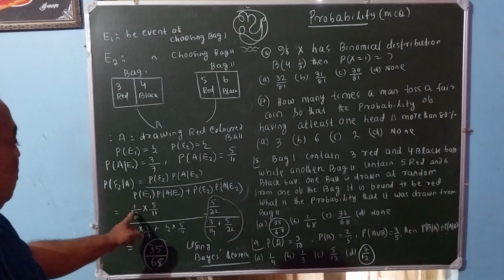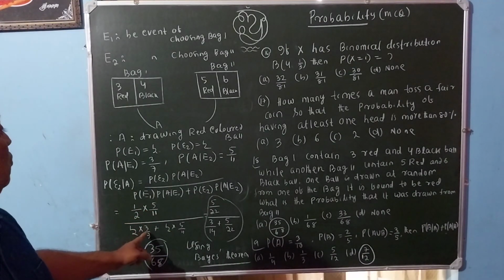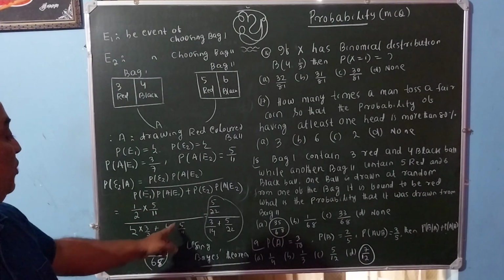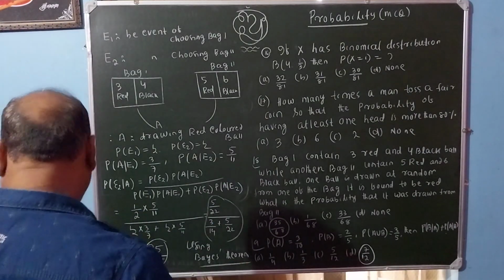Putting the values, 1 by 2 into 5 by 11, over 1 by 2 into 3 by 7 plus 1 by 2 into 5 by 11. After simplification, the result will be 35 by 68. So this is the question number 18.